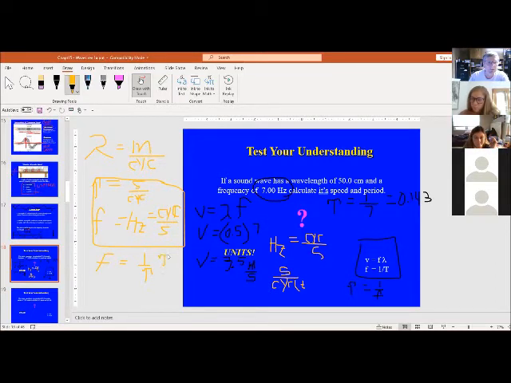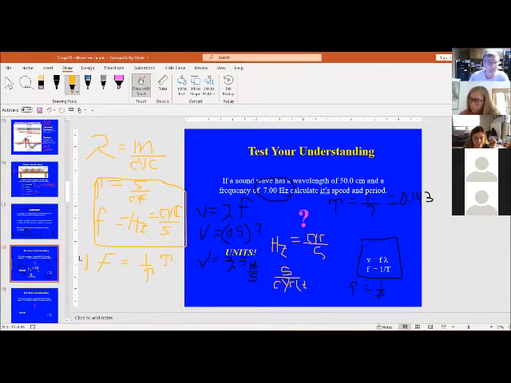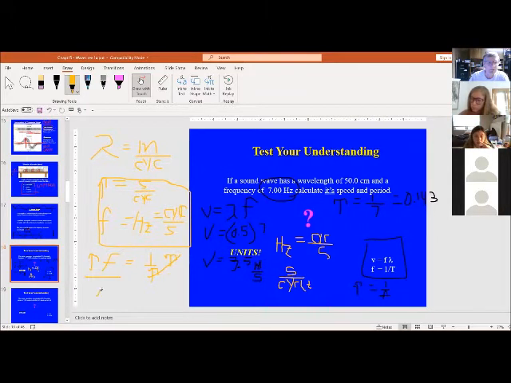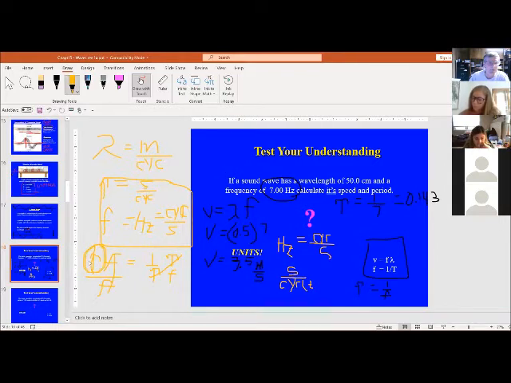What I do to one side, I have to do to the other. These cancel, and I'm left with 1 on this side. So now I divide both sides by frequency. They cancel, and tau is the only thing that's left. Tau is equal to 1/frequency.